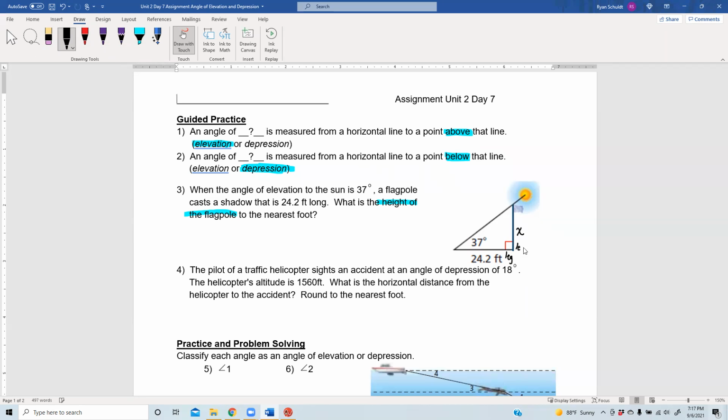Okay, so first step, label your legs. Leg, leg, and then circle your angle. Okay, how does the side we want relate to the angle? It's opposite. What about the 24.2 feet? It's a leg, so that means it's adjacent.